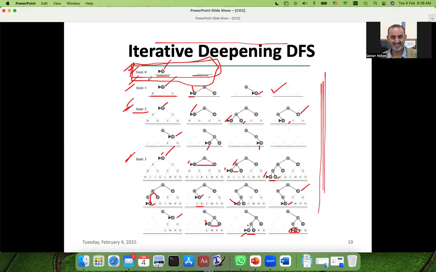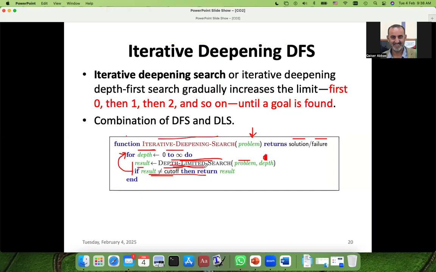When the depth is 1, the algorithm will execute like this: A and then B, C, checking whether B is the goal, C is the goal, no. Then cutoff occurred, so this function will return cutoff in the result. And here we are checking result not equal to cutoff. No, it is cutoff. Then the condition is false, so this will not execute and you will again go back.